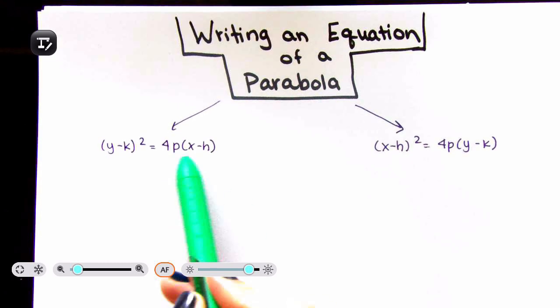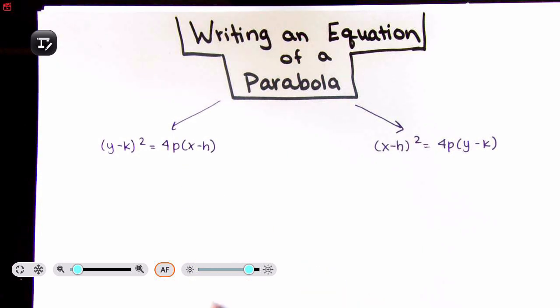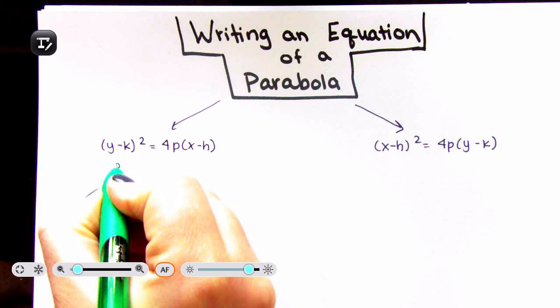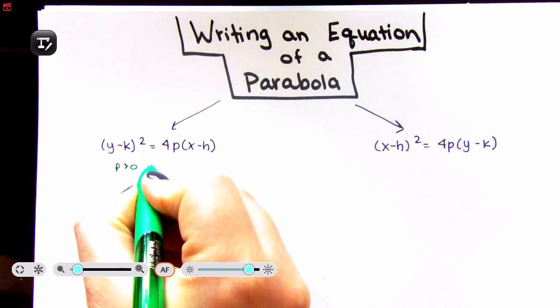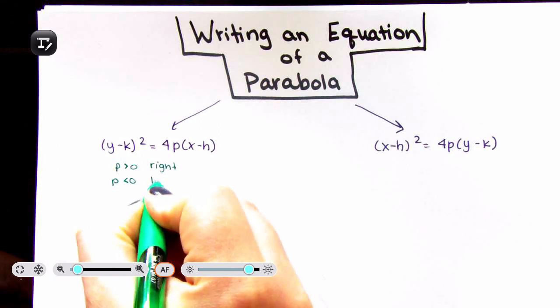For example, P is next to x. X is a horizontal axis, so your parabola is going to open to the left or to the right. So if P is greater than 0, we're going to open to the right. If P is less than 0, we're going to open to the left.